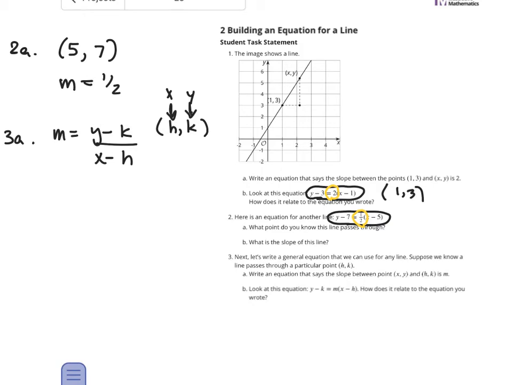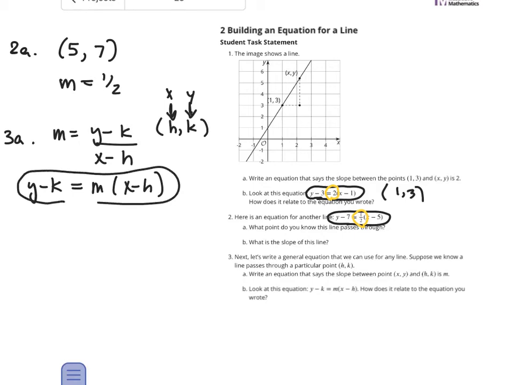So if I stretch this out a little bit, I get y minus k equals m times x minus h, if I'm going through a point. My point being h comma k. Okay, it relates because this is the point I'm traveling through, and this is the slope of the line.